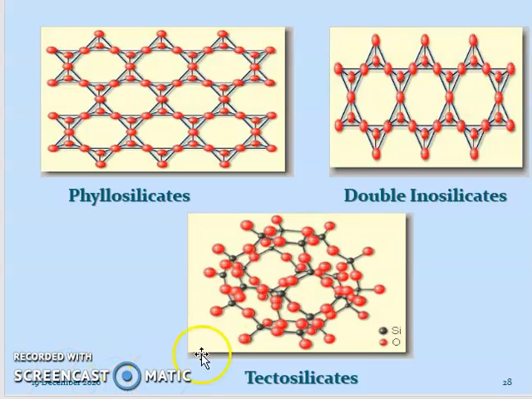In tectosilicate, all oxygen ions are shared, and consequently the tetrahedra is built in all directions, in X, Y, and Z, and due to all oxygen being shared with the neighboring tetrahedra, its chemical composition should be SiO2, and the net charge is equal to 0.